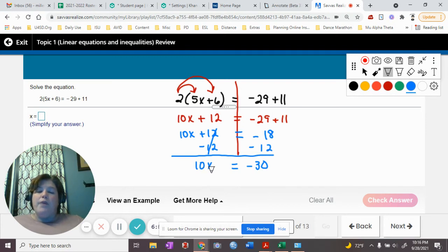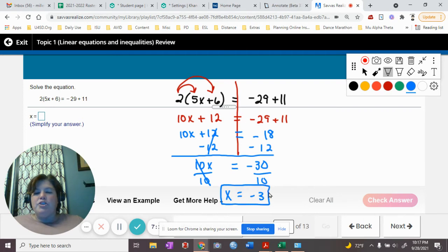Now we undo our coefficient by dividing. Be careful when you divide. If you are using a calculator, we will take the numerator divided by the denominator. So negative 30 divided by 10 is negative 3.